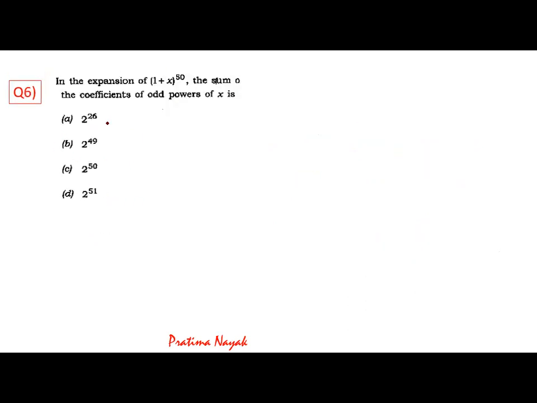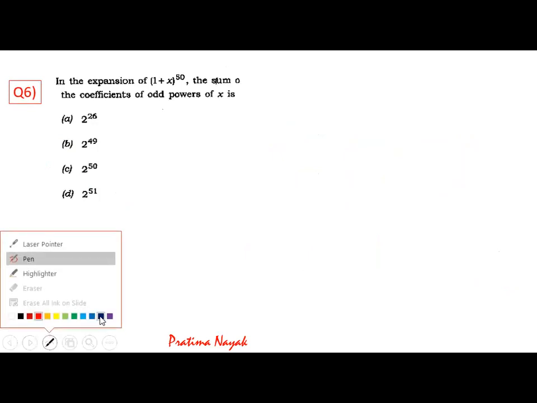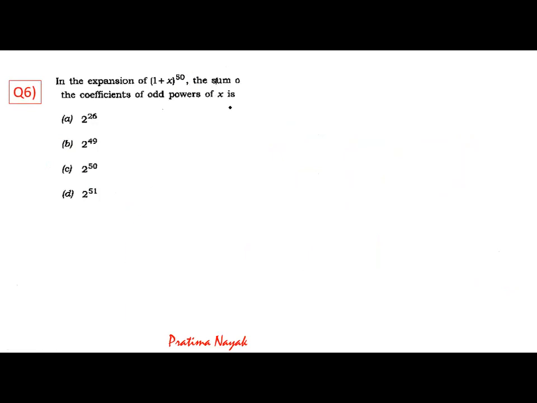Next, in the expansion of (1 + x) to the power 50, what is the sum of the coefficients of odd powers of x? So whatever we learned now, that is the question. We'll write (1 + x) to the power 50 as a0 + a1 x + a2 x squared, up to a50 x to the power 50.